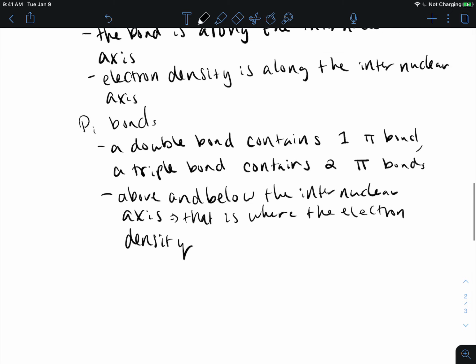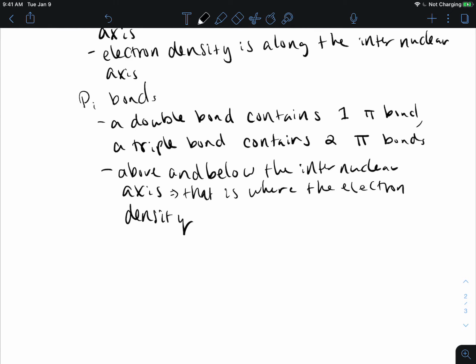Okay, so shifting a little bit, we're going to look at resonance structures, and we're going to look at the delocalization with this.